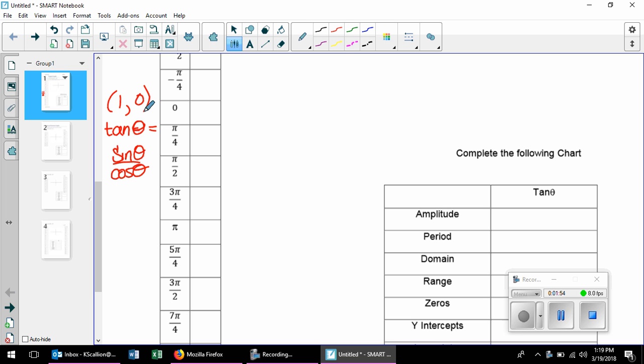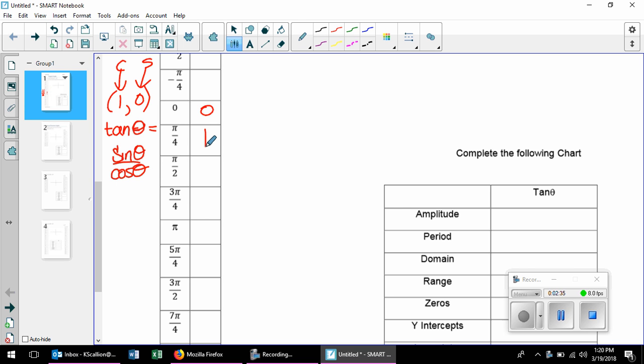You're going to need to have your unit circle correctly because this isn't going to work. So sine's going to go where? On top. Cosine's going to go denominator. So 0 divided by 1 is 0. Remember that alphabetic order, this is cosine, this is sine, right? So at pi over 4, I know that they're both the same. So that's going to be 1.